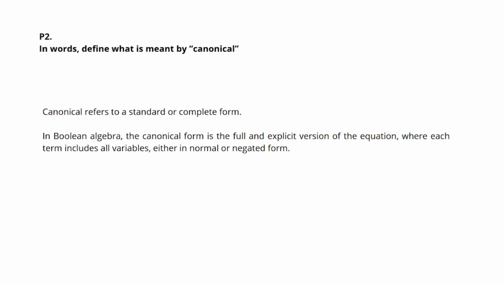After that, we are moving towards the definition of canonical. Canonical refers to the standard or complete form. Basically in Boolean algebra, the canonical form is the full and explicit variant of the equation where each term includes all variables, either in normal or negated form. For this, we are going to find a good example which will explain exactly what it is.